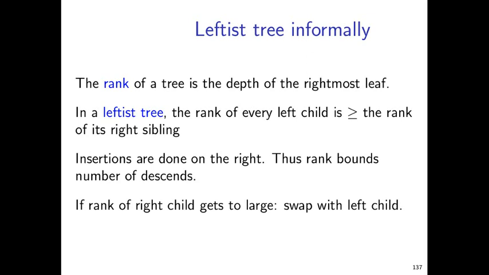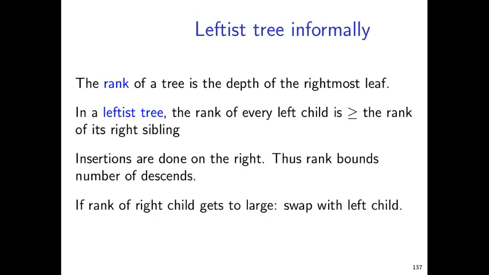So whenever we insert something, we do it on the right, and whenever the rank of the right child gets too large, we just swap left and right, and the condition is restored. The condition was that the rank of the left must be greater than the rank of the right.